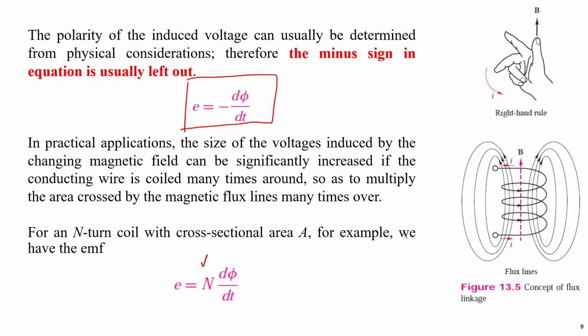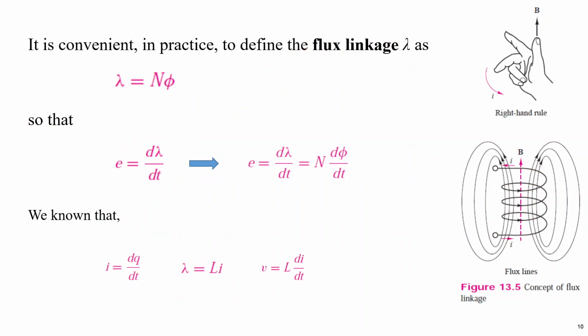So we increase the voltage, the electromotive force, by increasing the number of turns, N turn coil.